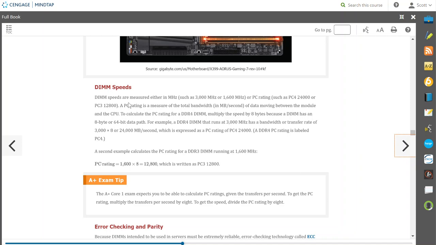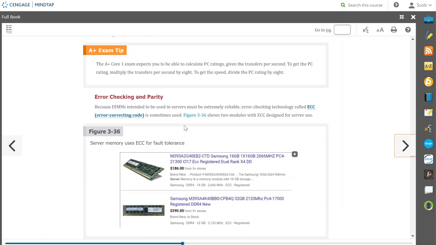DIMMs have specific speeds. Speed matters, like we said before. DIMM also has an error checking technology called ECC, error correcting code.